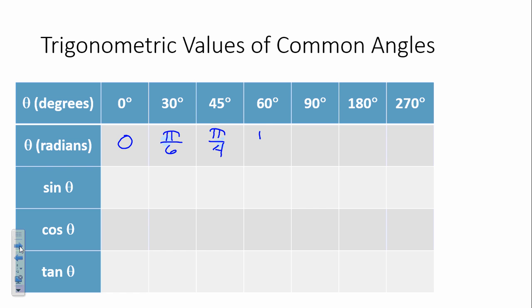That's the smallest one that we're expected to know from memory. Except for 90, which is pi over 2. 180, pi. And 270, 1.5 pi, 3 pi over 2.